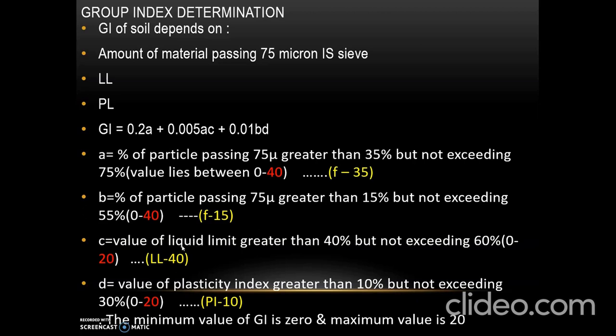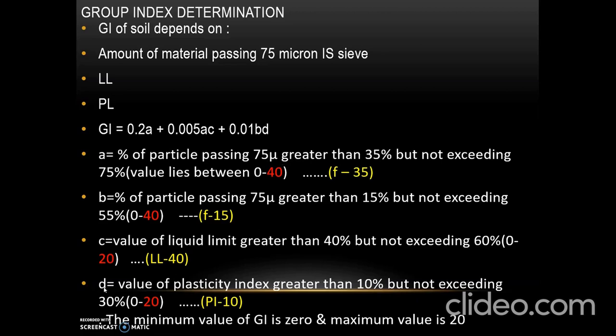So if it is 65, then the C value will be 65 minus 40. But we have to check whether it lies within the range 0 to 20. Again, if it is greater than 20, we will have to restrict it to 20. And to find A and B also, the value of percentage of particles passing 75 micron will be given.